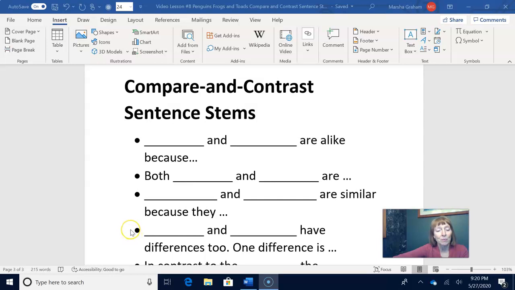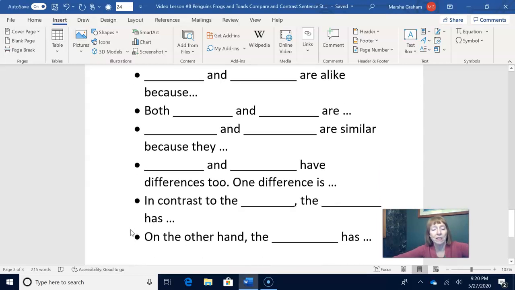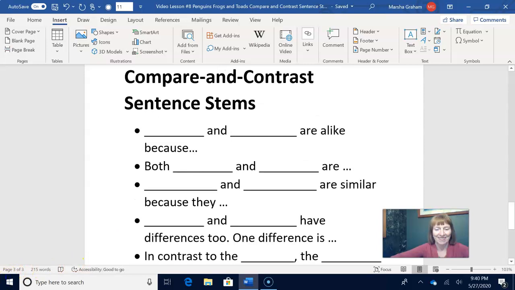We could also make contrasting statements and say, penguins and frogs have differences too. One difference is, or in contrast to the penguin, the frog has, or on the other hand, the toad has. These are all sentence stems we could use to compare.